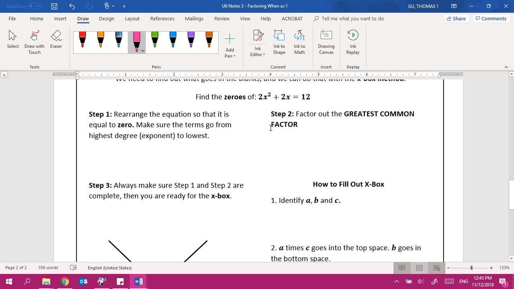Before we can even start factoring, we need to take care of those 2 steps that we did always. You want to rearrange the equation so that it's equal to 0. You see right now it says equals 12, right? So what can I do to make it say equals 0? Subtract 12, that's right.